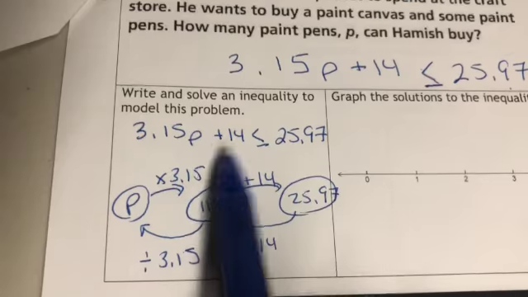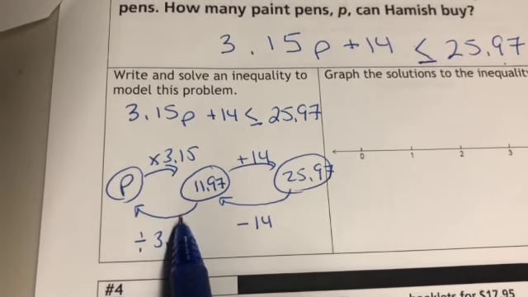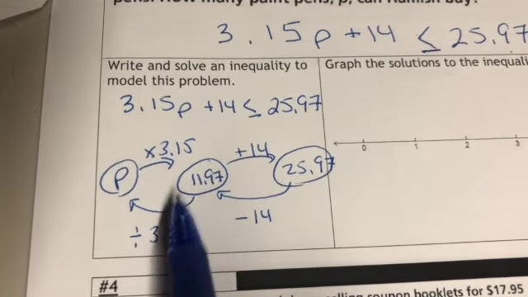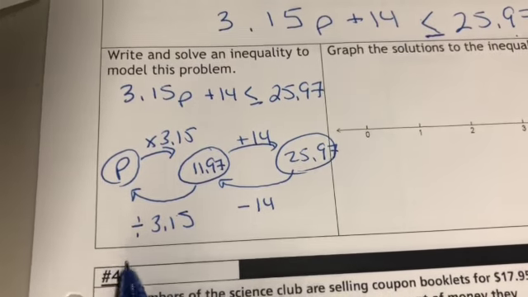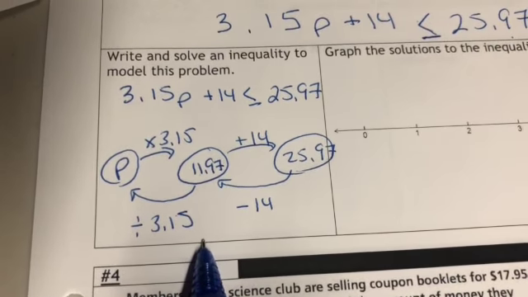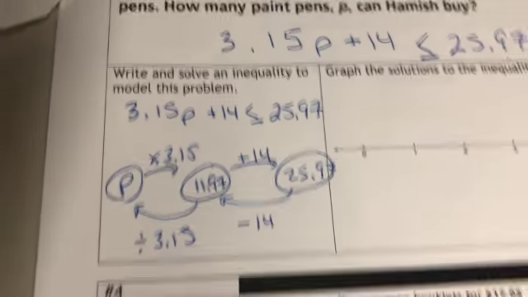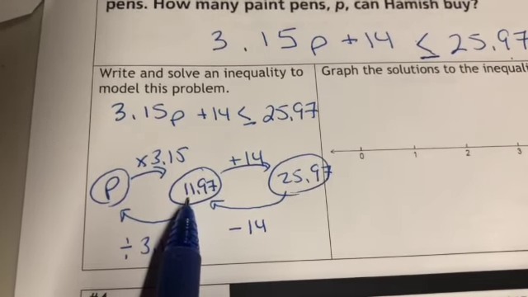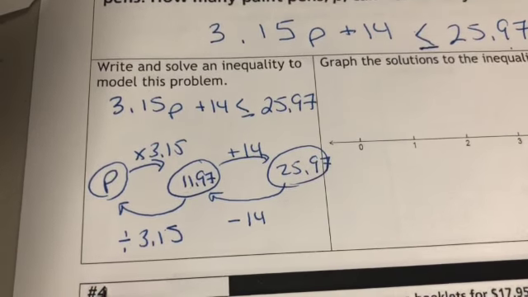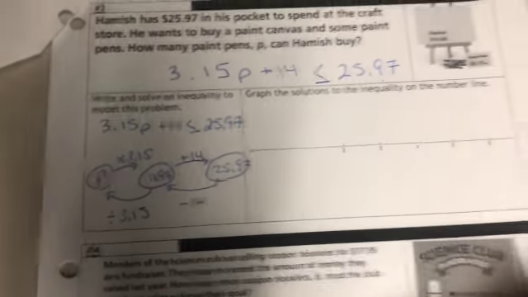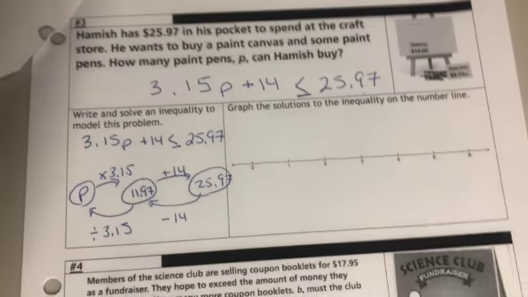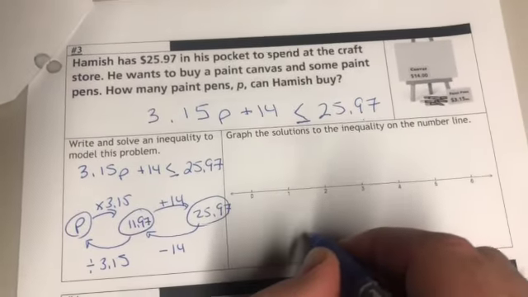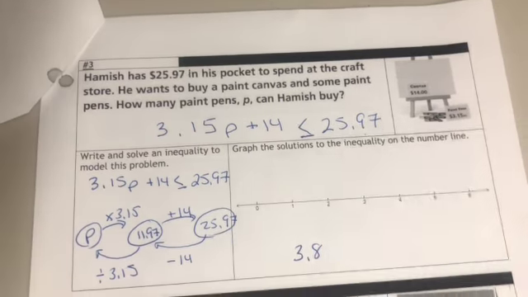Alright, so we added 14 to get here, we subtract 14, that's $11.97, and now we divide that by 3.15. I'm just going to put my phone down to use the calculator, but you're going to type in 11.97 divided by 3.15. Alright, so what I got on my calculator, it said 3.8.